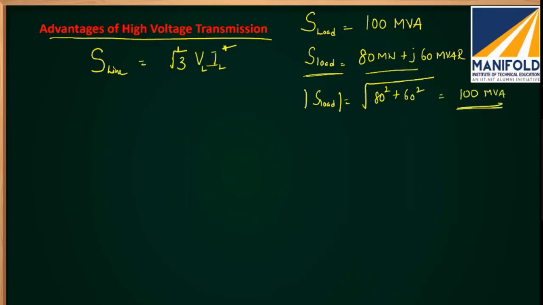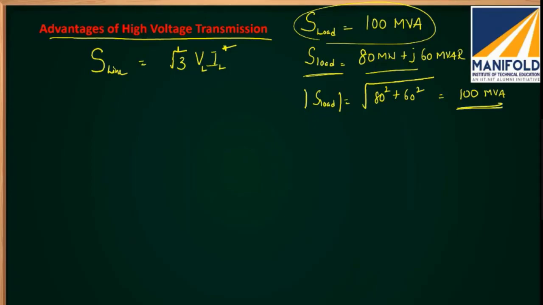Understand? So if you only consider the magnitude of complex power, it is termed as apparent power, whose unit is volt ampere. When you specify the complex power as real power plus J into reactive power, then it is called complex power. Likewise, the terms are used.